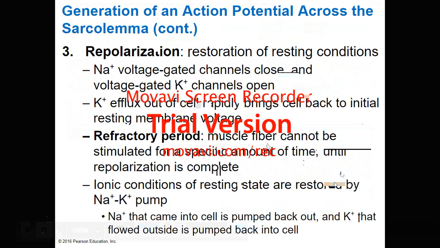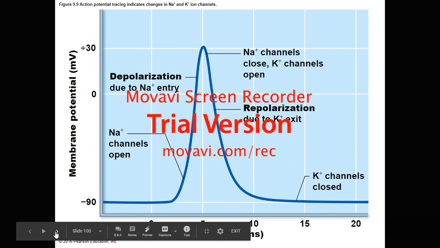So this is the figure which I showed you about. You start off at a resting membrane potential at around negative 90. At the end of the axon terminal, acetylcholine goes through the synaptic cleft and binds to the sarcolemma, where chemical ion receptors open up sodium channels. At this point you have localized depolarization.